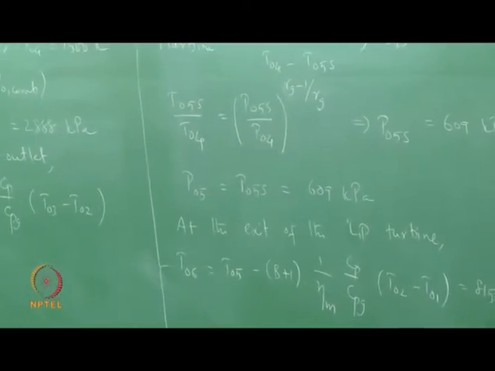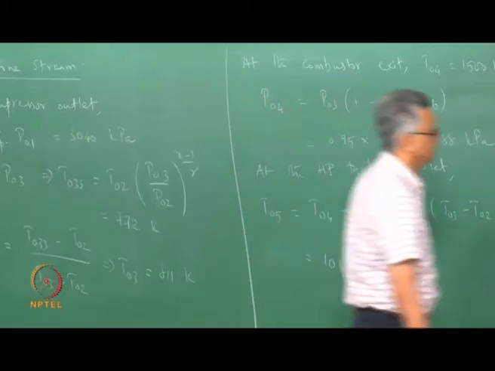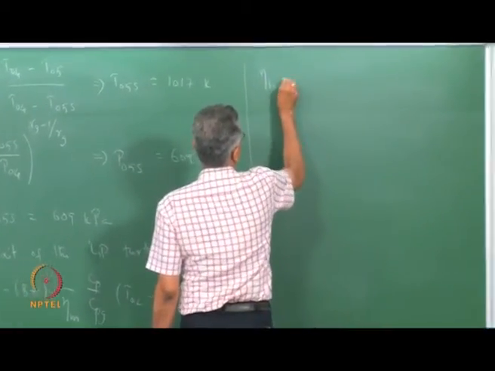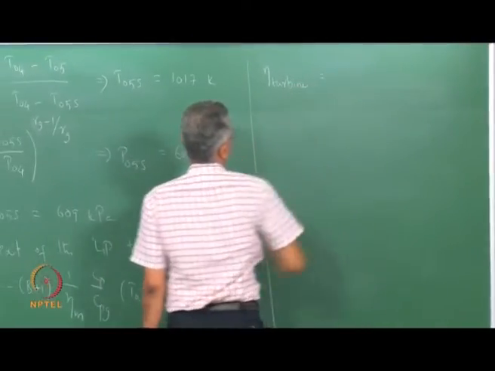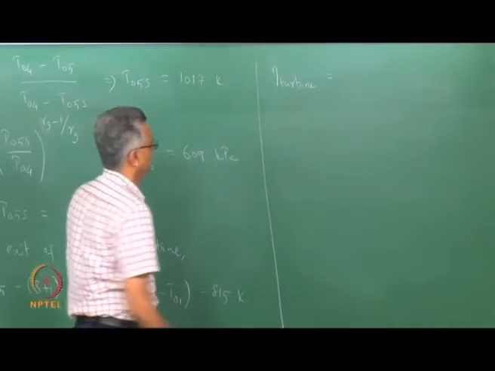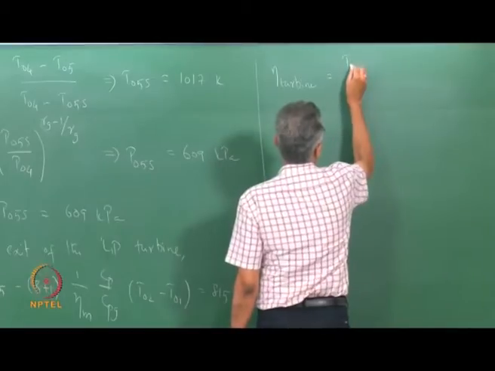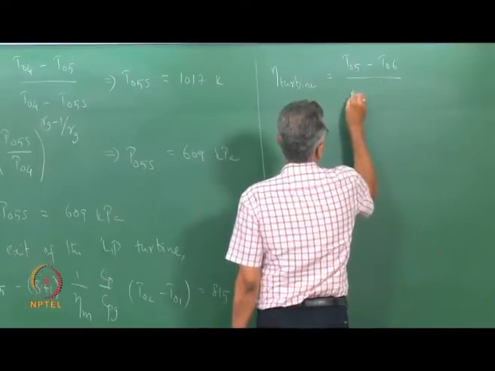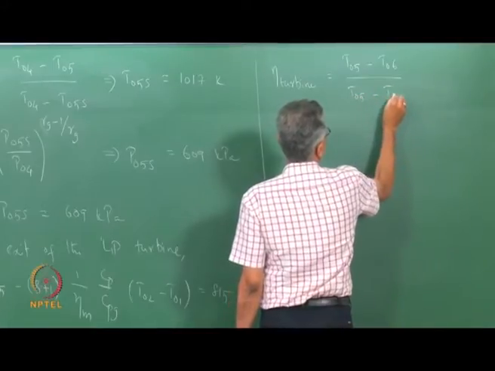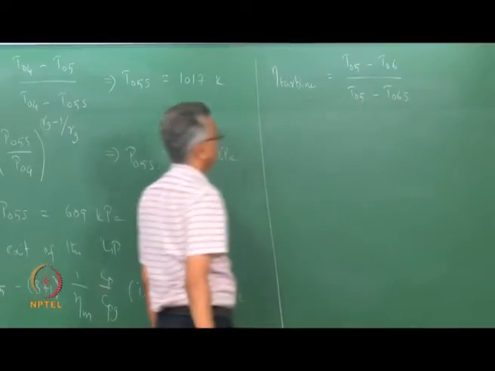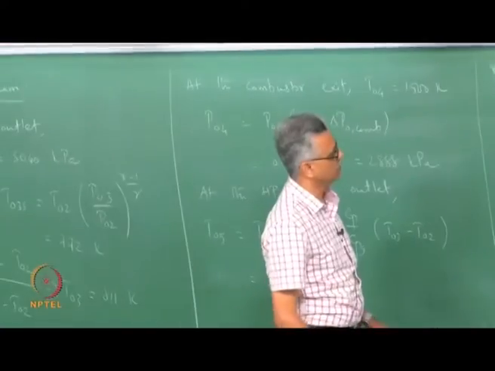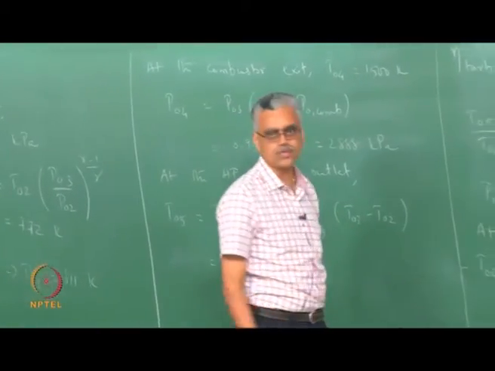So, I have T06, and from the expression for the isentropic efficiency of the turbine, I can write the following. This is the definition: T05 minus T06 divided by T05 minus T06S. So, I know T05, I know T06, efficiency of the turbine is also given.